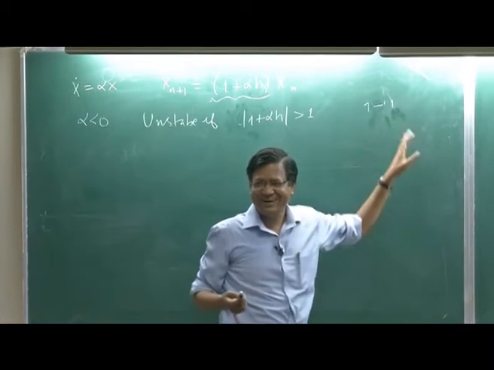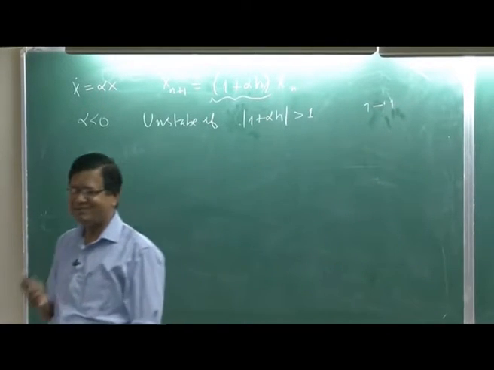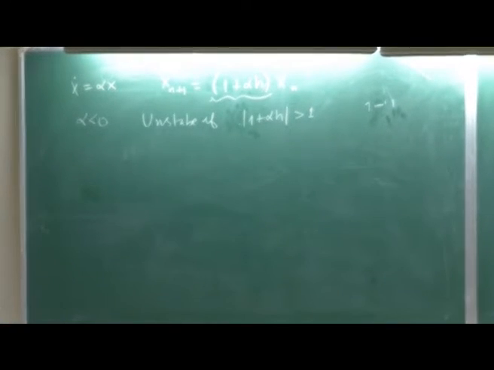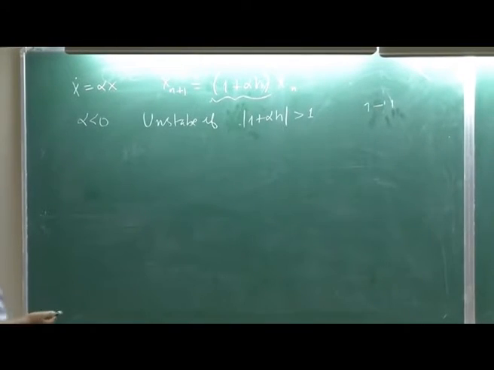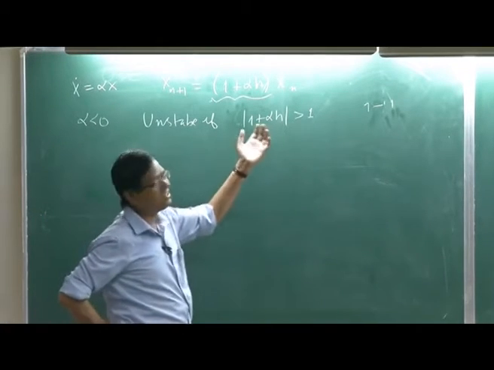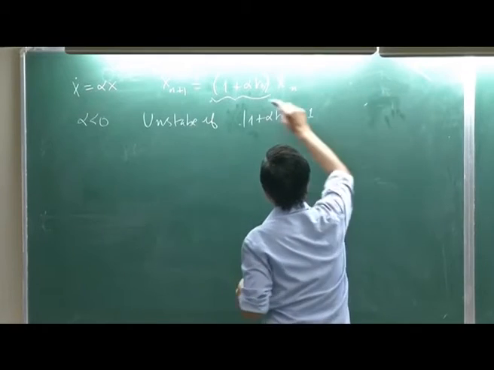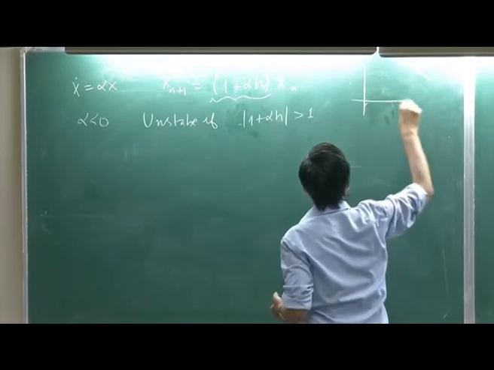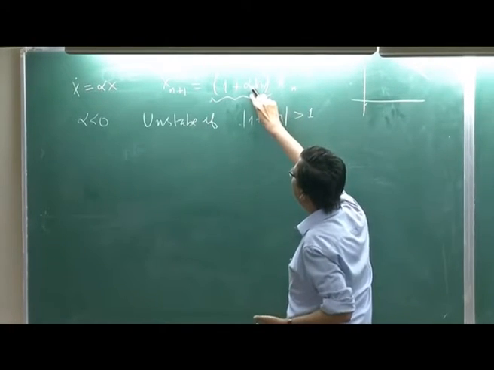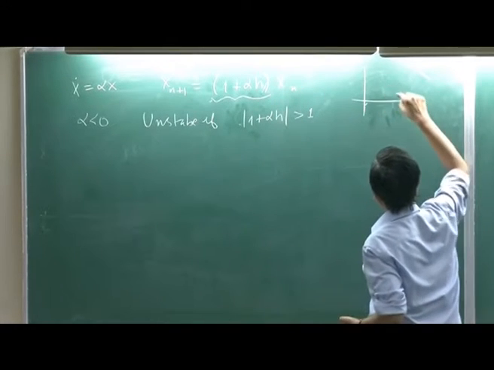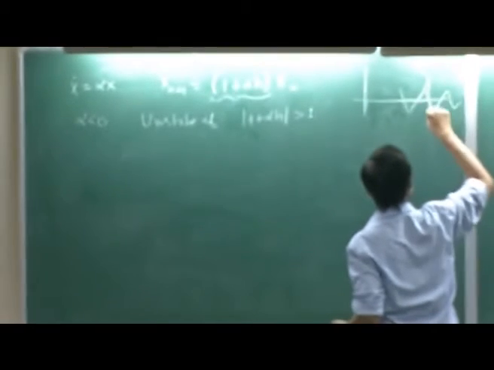Well, you may laugh at it right now, but you will find situations where you will make a mistake. I will show you an example where whatever h you choose is unstable. Here nobody will choose h as 3, but if you use h equal to 3 here, then it is unstable. If alpha is minus 1 and h is 3, it is going to oscillate like this, and in fact it is going to grow.